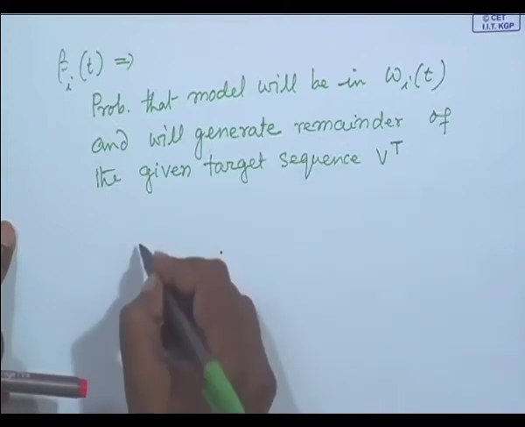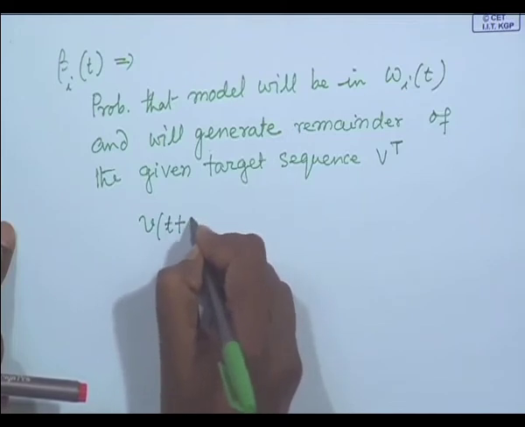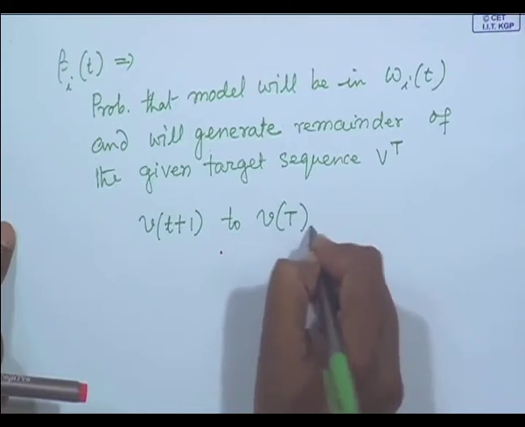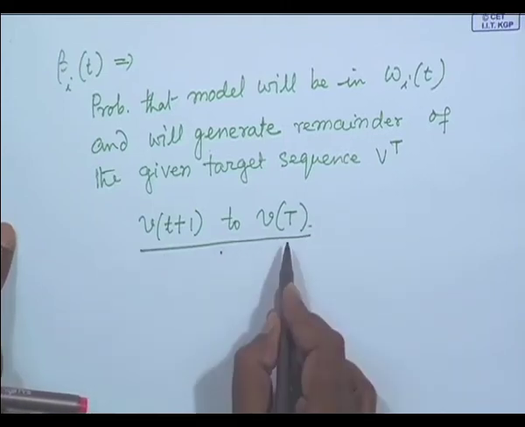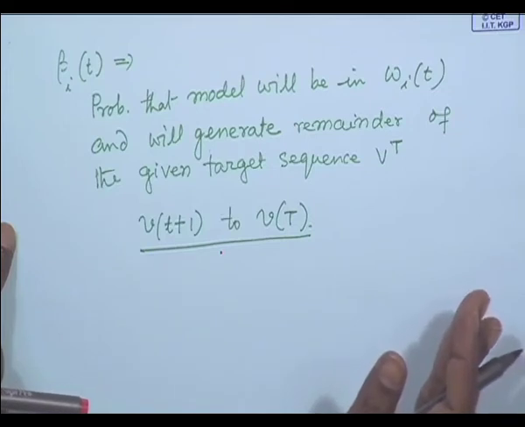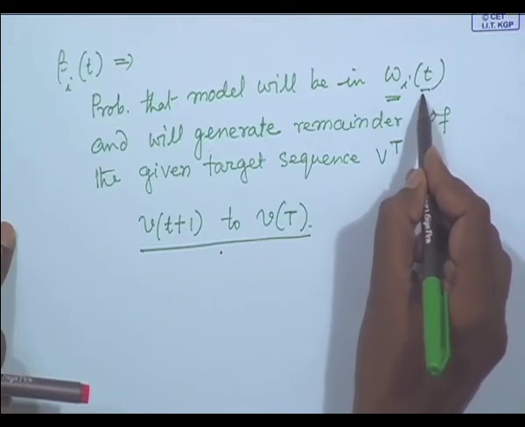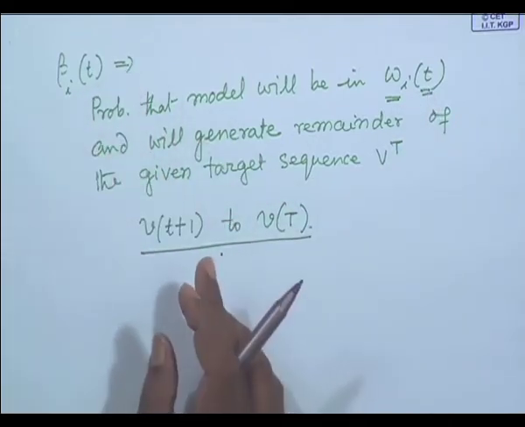That means, it will generate all the visible symbols from Vt plus 1 to VT. So, all the symbols from Vt plus 1 to VT will be generated and the machine is in state omega i at time step t. So, that is what is beta it.